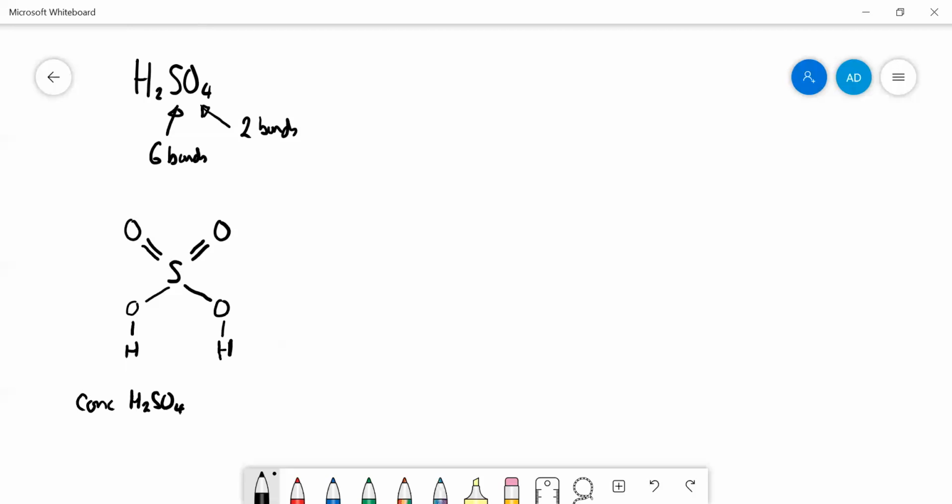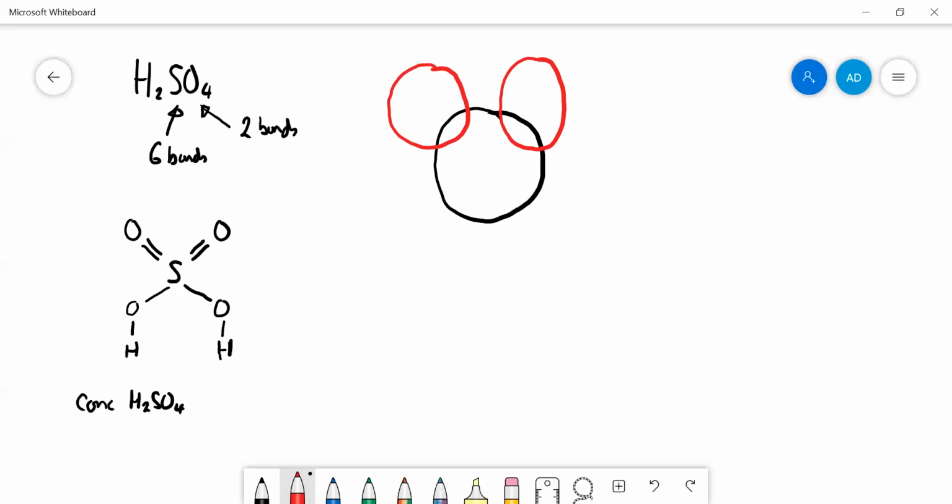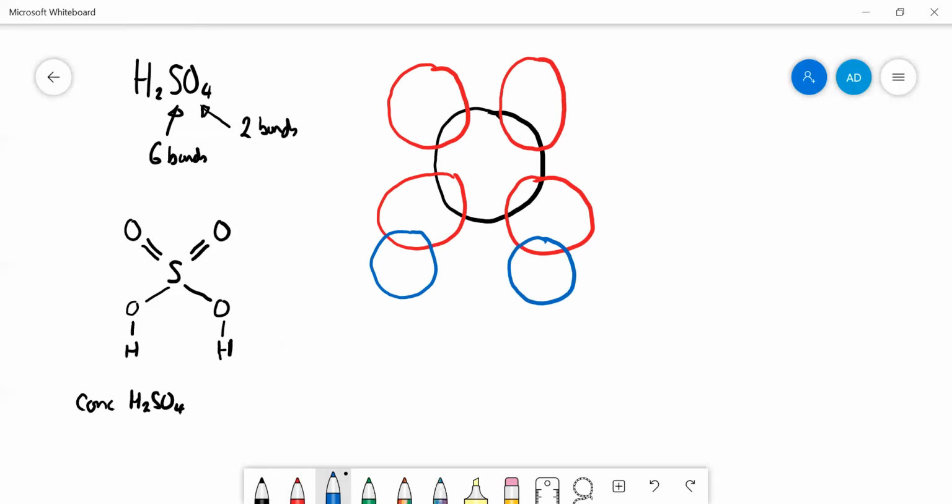So we're going to have sulfur here. Let's do the oxygens in red. And we've got our hydrogens in blue here. So this one is a double bond, so we're going to get 2 electrons from the oxygen and 2 electrons from the sulfur.